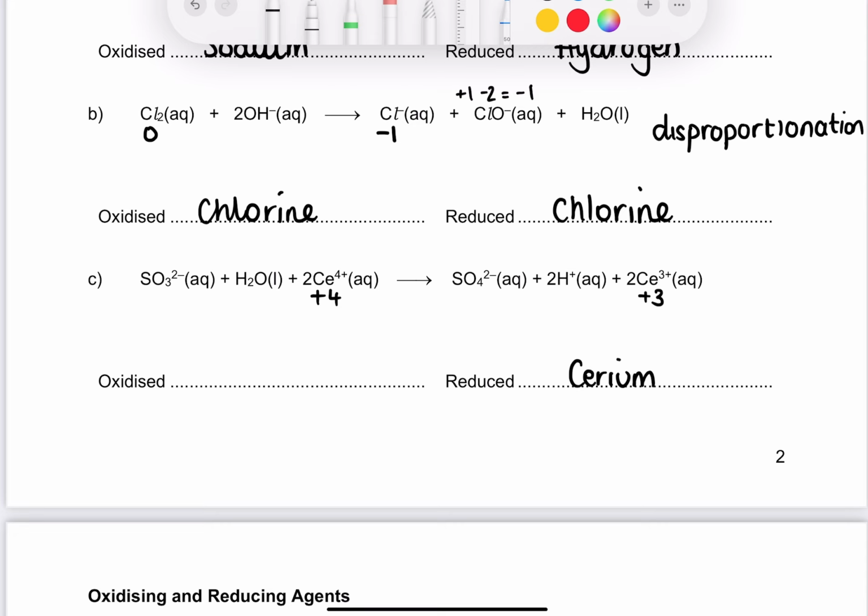And if we have a look, the hydrogen's +1 in water and +1 at the end, so it's not the hydrogen. In this sulfate ion here, we've got 3 oxygens at -2, and we're trying to equal -2 for the charge. So this sulfur's +4, whereas on this side, because there's extra oxygen, this is +6, and so sulfur has been oxidized.